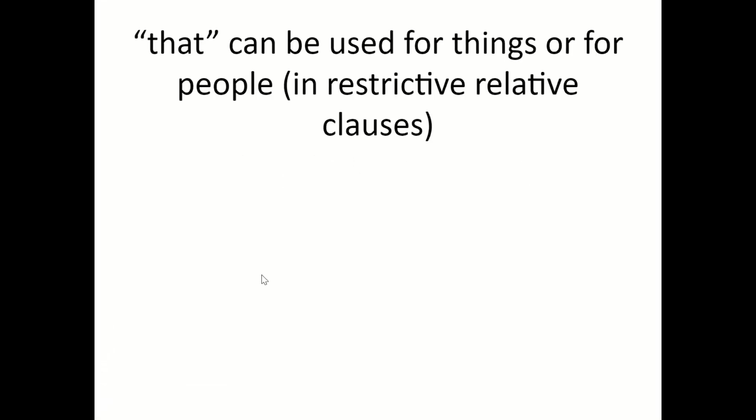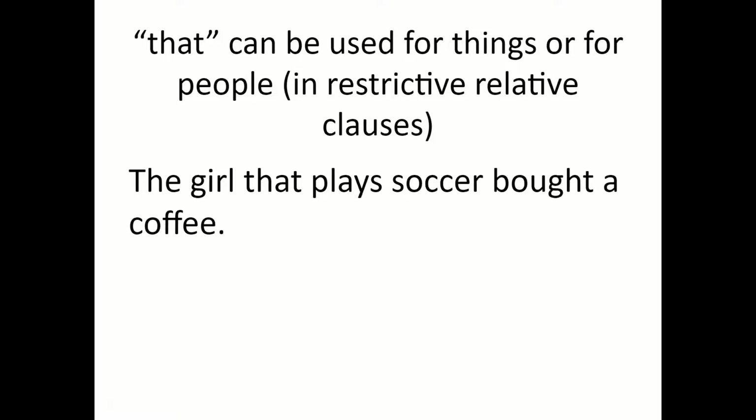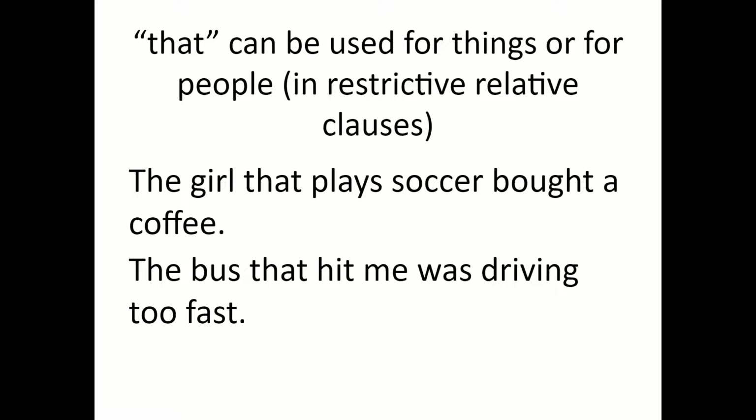Let's talk about the relative pronouns. That can be used for things or for people in restrictive relative clauses. So the girl that plays soccer bought a coffee. Here, that is referring to the girl, a person, but the bus that hit me was driving too fast. Here, that is referring to the bus, a thing.